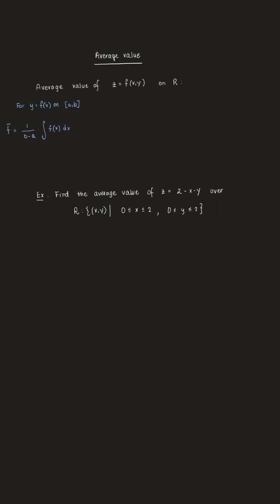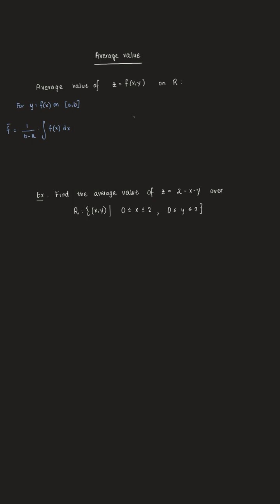Because now we're dealing with a region on the xy plane that's rectangular, it's a very similar definition, except that instead of dividing by the length of the interval, we're going to be dividing by the area of our region.